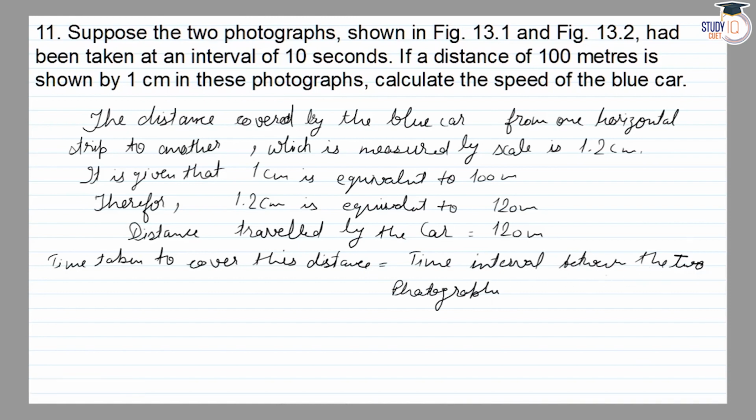The time interval between the two photographs is 10 seconds. So the speed formula is distance divided by time. So 120 divided by 10. The answer is 12 meters per second.